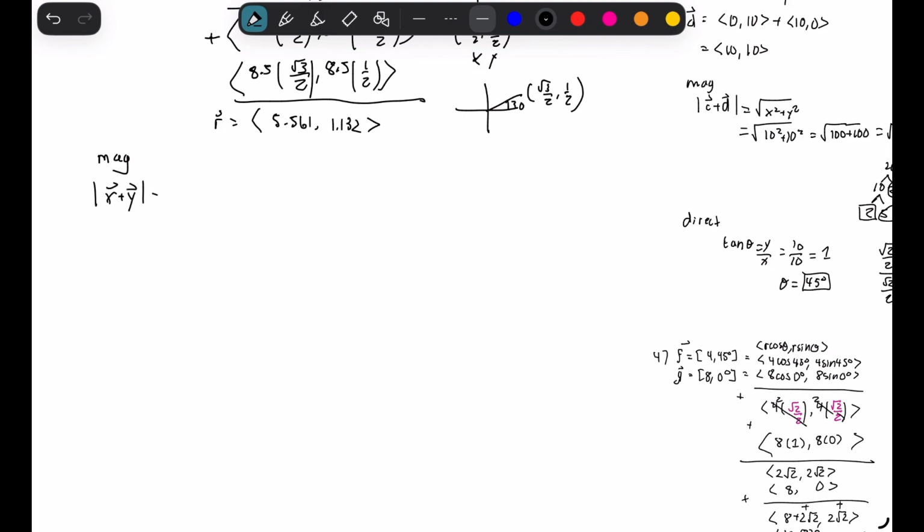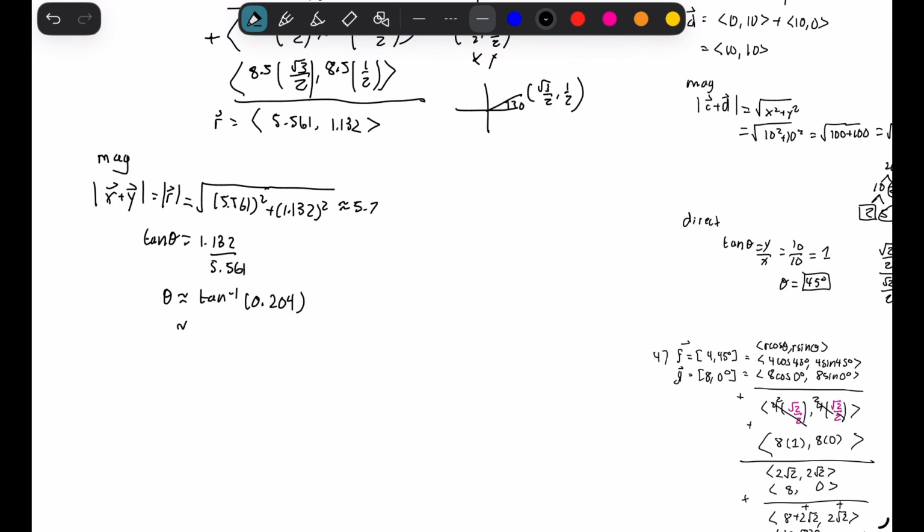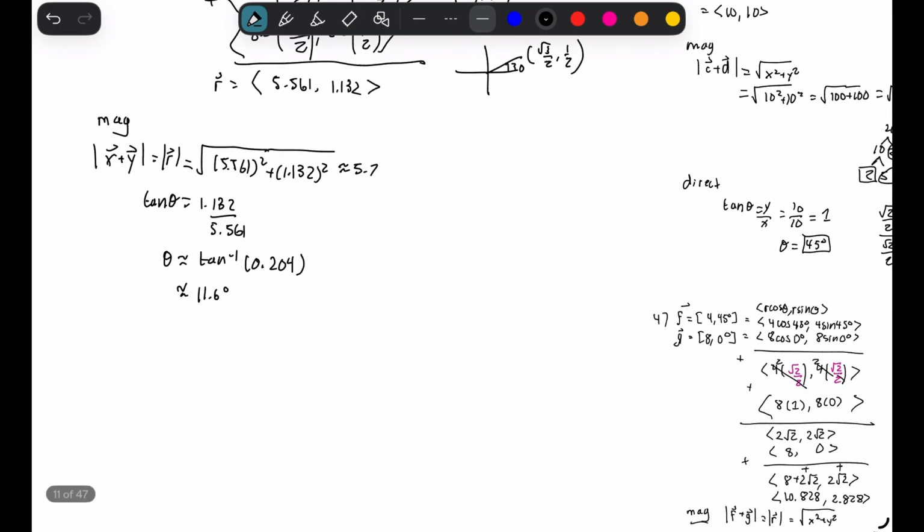For the magnitude, and then when you find tan inverse, that'll give you 11.6 degrees.